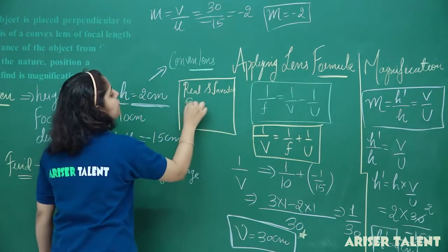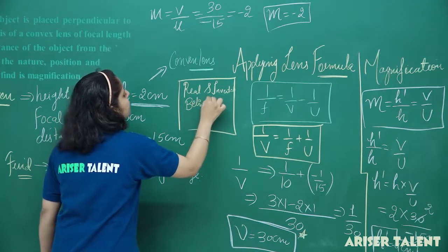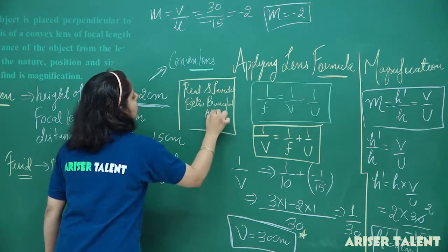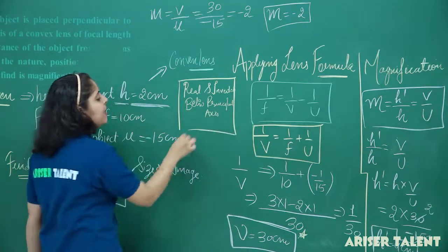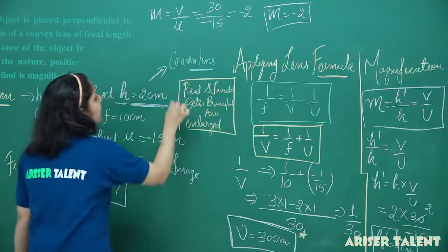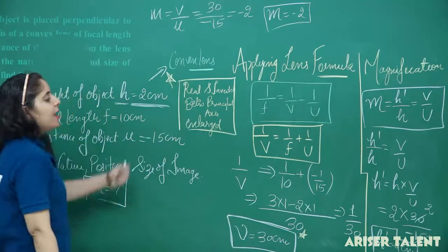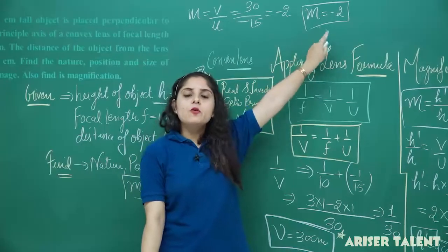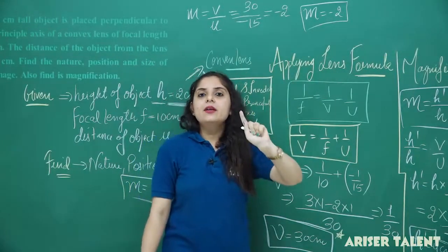And where will the image be formed? Below principal axis. And what will be the nature of the image? The image formed will be enlarged in this case. So, these are the things we have to find out, and we can see that the magnification produced here is negative. So, the image will be the real and inverted one.